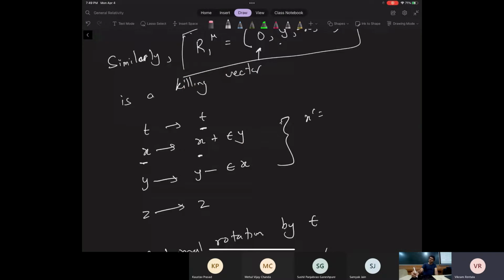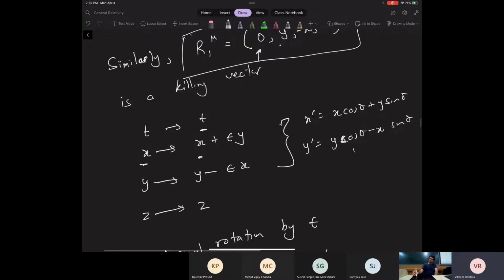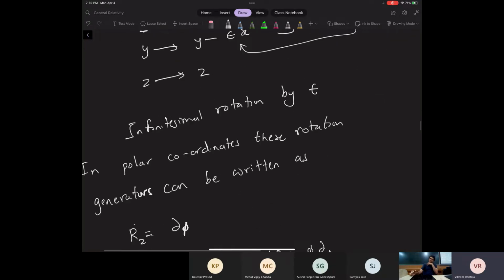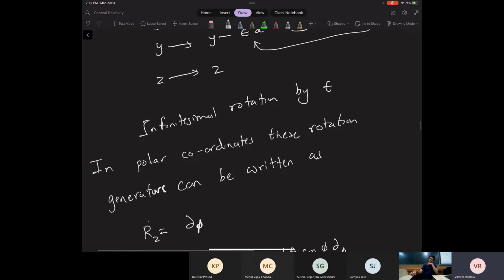Because x prime is x cos theta plus y sine theta, and y prime is y cos theta minus x sine theta. So for theta infinitesimal, if I set theta equal to epsilon, I will get exactly this transformation. So this is another set of Killing vector fields, the rotations.